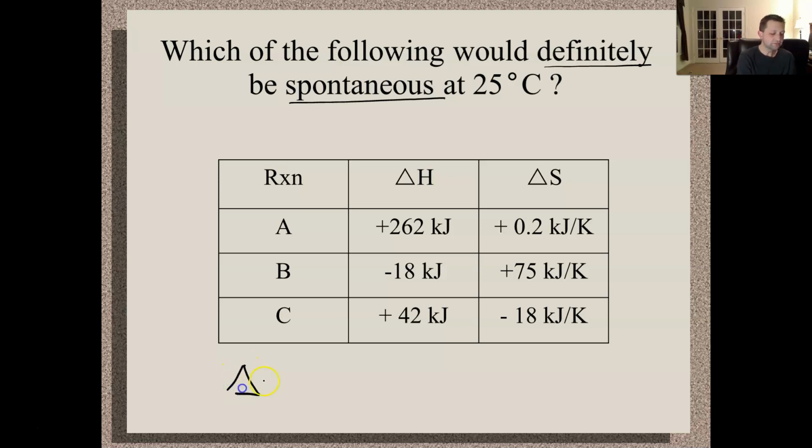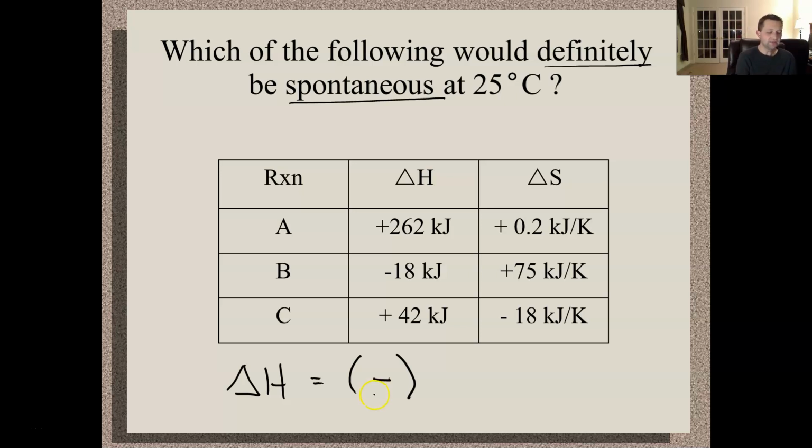Delta H, you want that to be negative, right? This is actually from the last lesson on the second law of thermodynamics. We looked at the entropy and enthalpy relationship there, and what you would need to drive the reaction forward and what wouldn't drive the reaction forward.